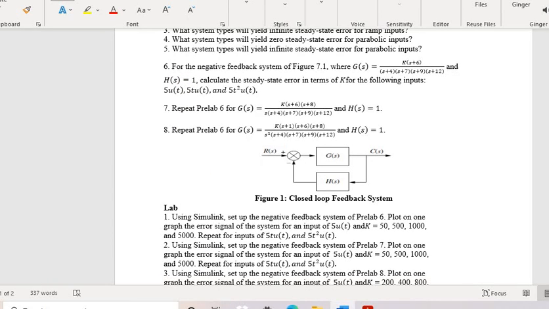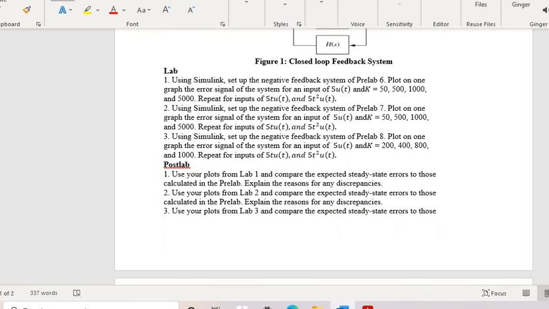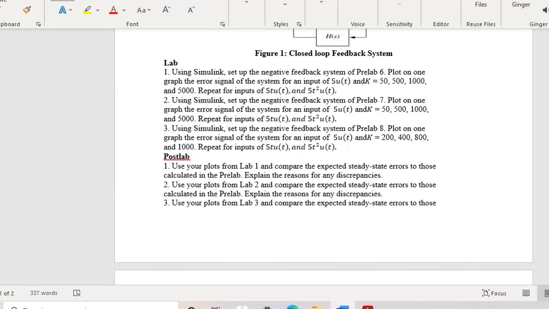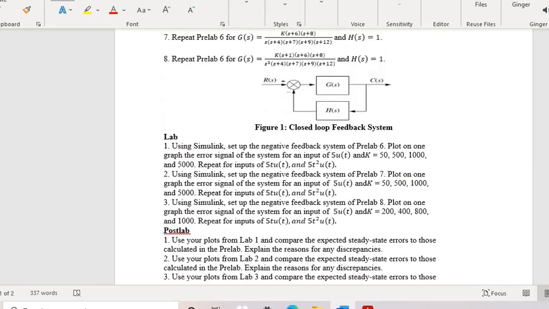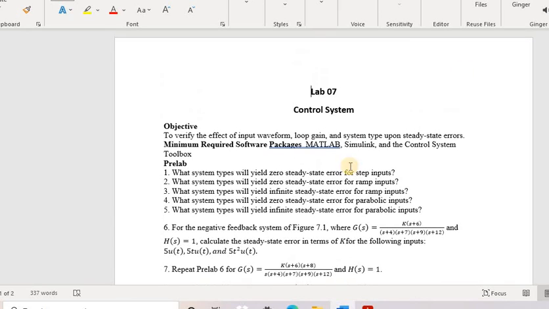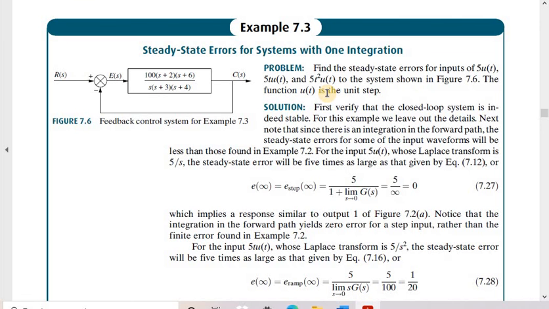After completing this, the next thing is the post-lab. You have to answer: is there any difference between pre-lab and post-lab? You can answer these questions very easily. The main idea to solve this lab is that I recommend you go through these examples and also use this table.